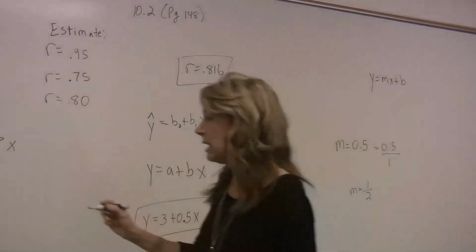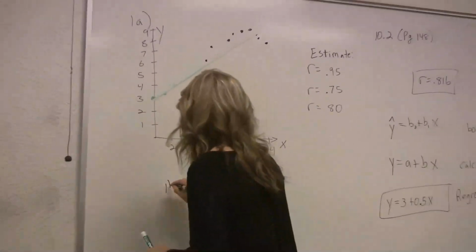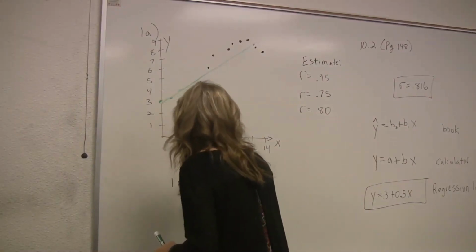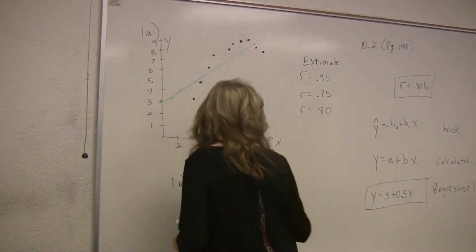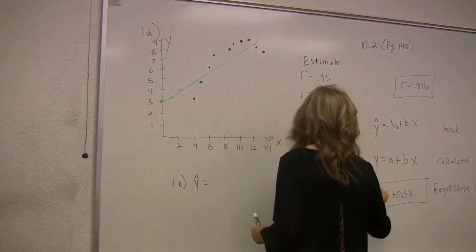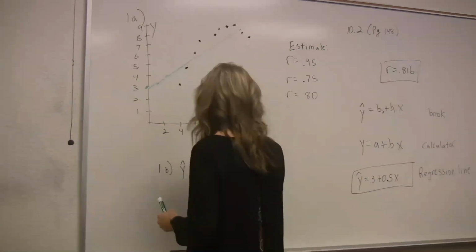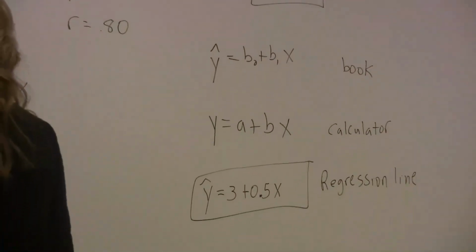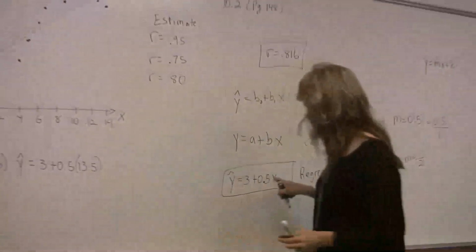So for 1b, my y hat, I didn't put my little hat on it. It's a hat. Doesn't really matter. I don't care if you write the hat or not, but the computer will. We're going to plug in 13.5 right here for the x.